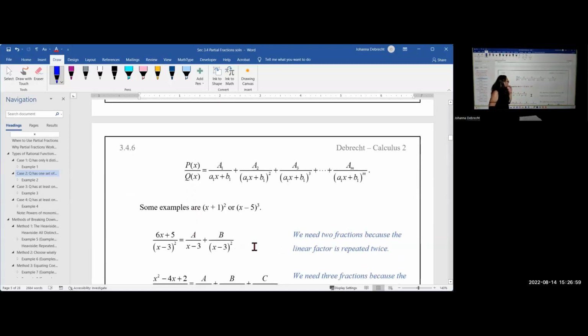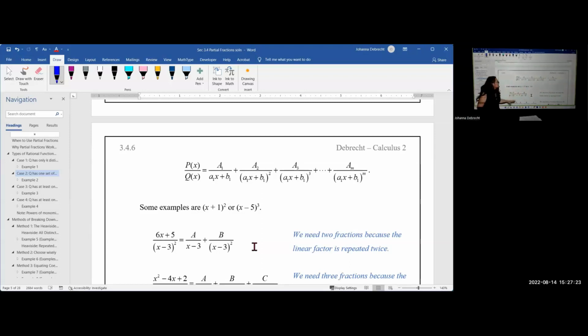What you're going to end up with is a1x plus b1 to the first power, a1x plus b1 to the second power, to the third, to the fourth, to the fifth, to the sixth, all the way out to the nth power. And each one of the numerators is some unknown value, some constant.